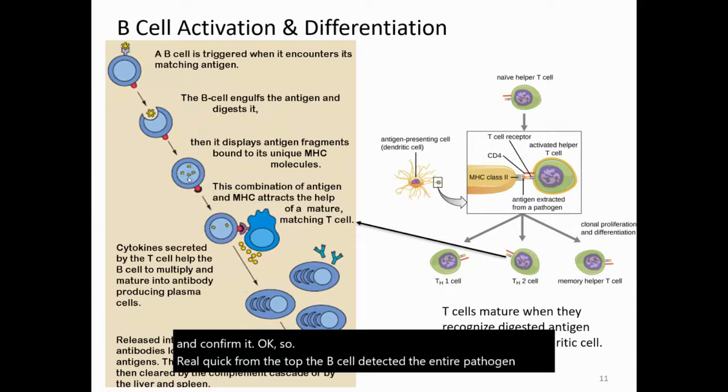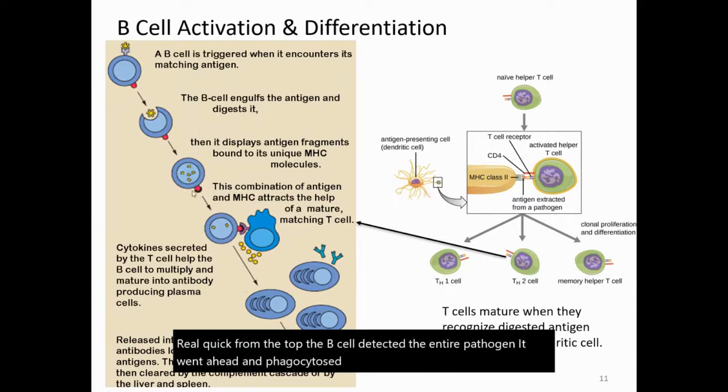It went ahead and phagocytosed it, and it's presenting part of that pathogen to the immune system. But now it needs to be checked, which is what's happening over here. Now, but who's doing the checking? Well, this time it's a T helper cell that is helping out here, okay?